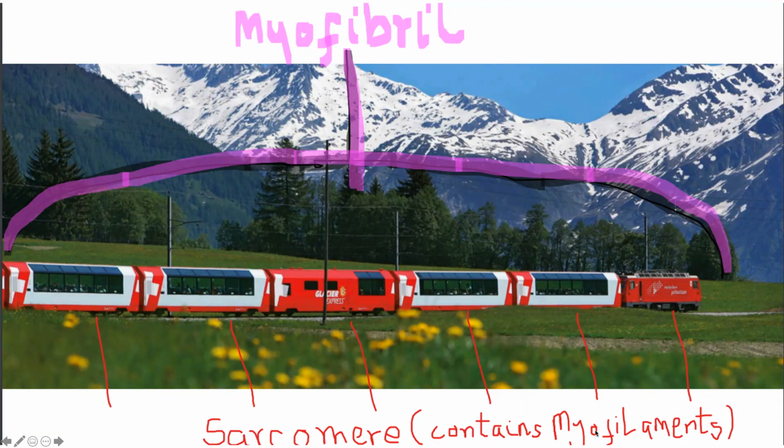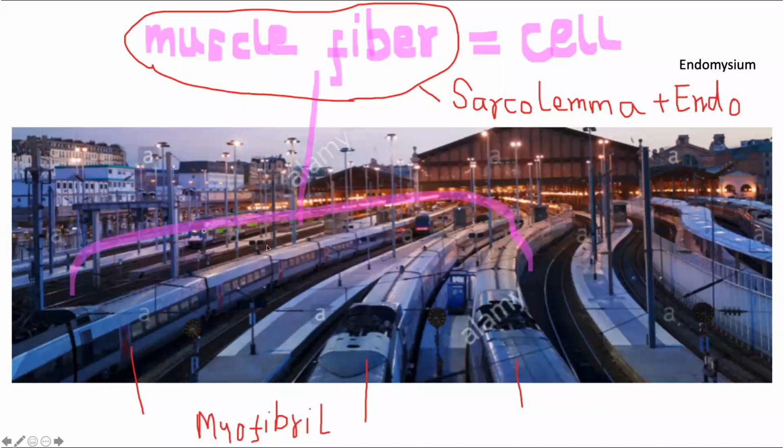They will be equivalent to myofilaments. So multiple sarcomeres arranged in linear direction, that is what we call myofibrils. Myofibrils, a group of myofibrils together, which is wrapped around with the sarcolemma, which is equivalent to the cell membrane.